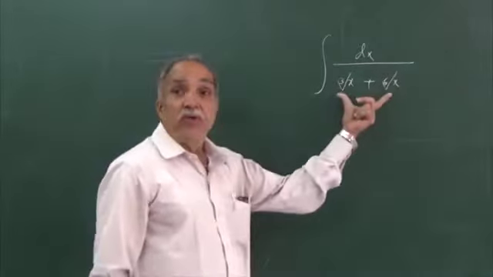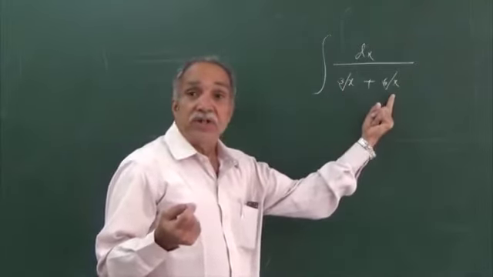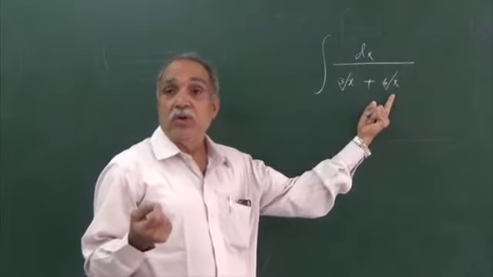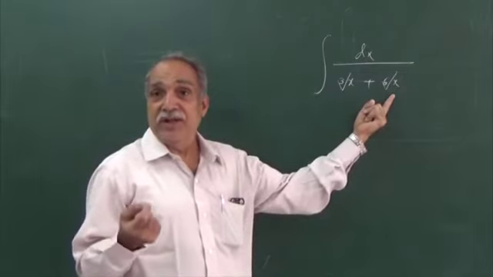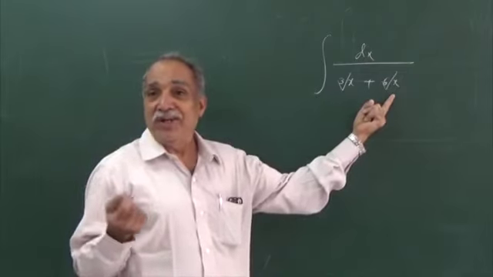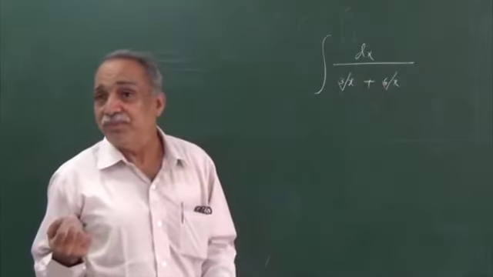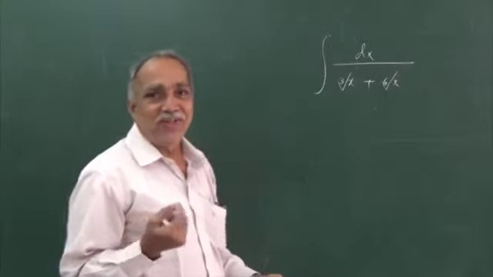The substitution you need will be chosen in such a way that both these irrationals become rational. A convenient substitution may be x = t⁶, or x = t¹² if you desire, or x = t¹⁸, any common multiple of 3 and 6. The easiest one, the smallest one, is 6.